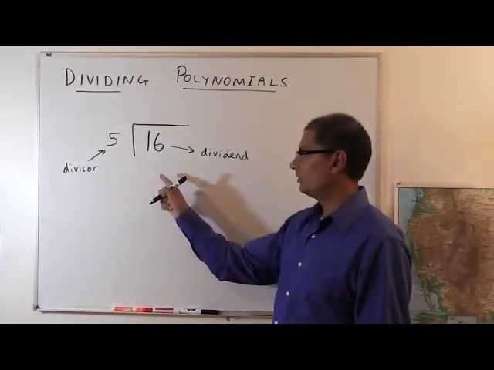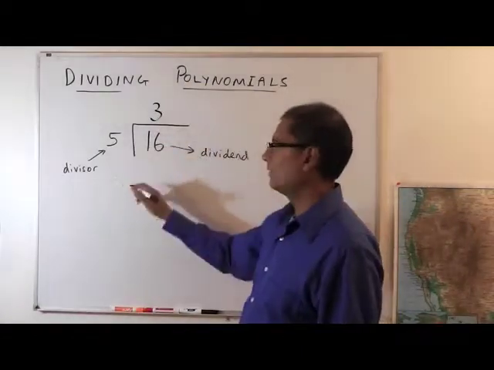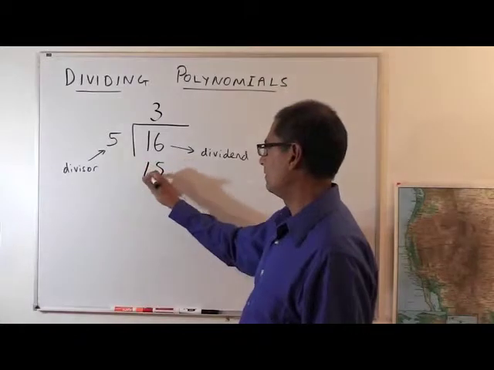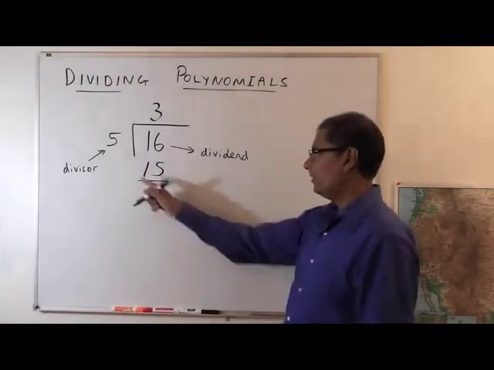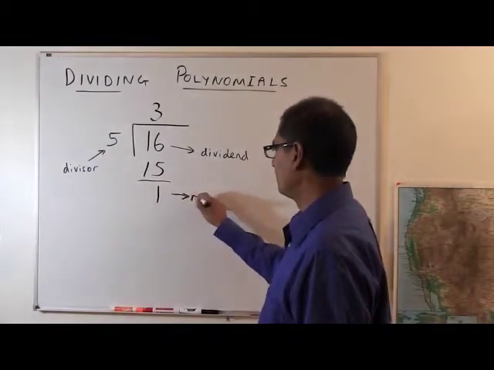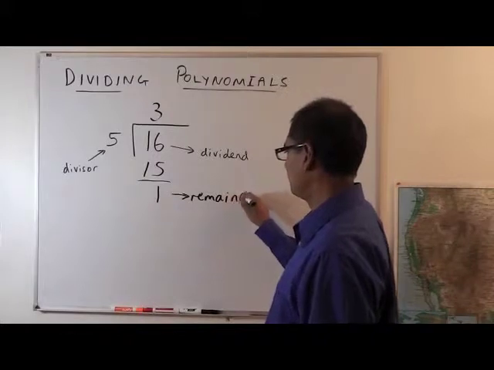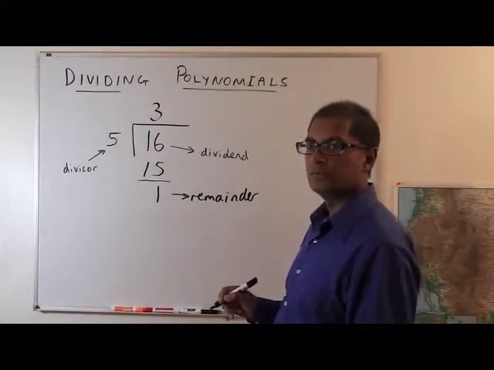So we know 5 goes into 16 3 times. And we multiply 3 times 5 gives you 15. And you subtract 15 from 16 to get 1. 5 can't go into 1, so 1 is our remainder. And 3 is what we call the quotient.